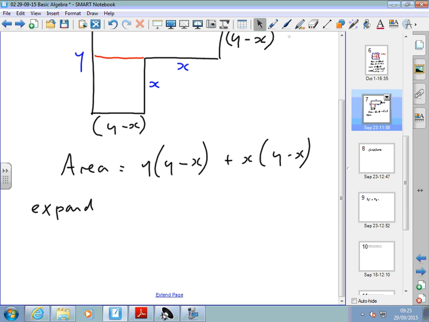Okay, let's have a look at them then. This first one, so I'm going to multiply y times y, which gives me y squared. And then I'm going to multiply y times minus x, which gives me minus xy. So I get y squared minus xy.